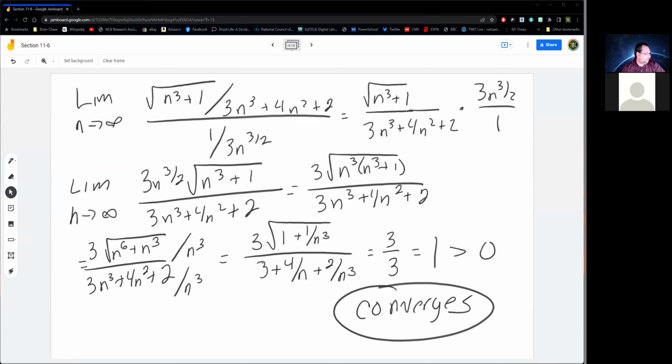Wait, so the limit comparison test is as long as it equals a number greater than 0, right? So it can't be infinity, it just has to be a number greater than 0. So it can be 5, 10, 20, 50, whatever you want it to be, as long as it is not 0 and it's a real number, then it works. In this case, it comes out to be 1.